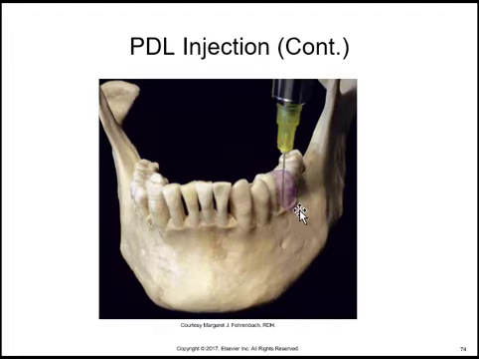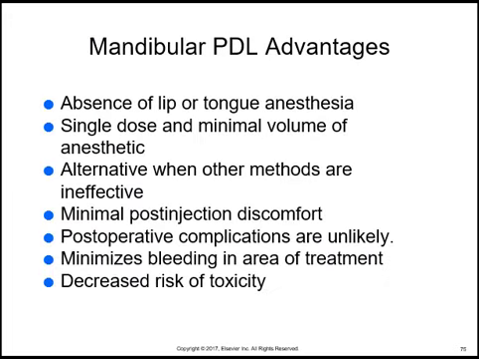The needle length and gauge is a 27 gauge extra short or 30 gauge extra short. The target area is the alveolar bone proper of the alveolar process. The depth of insertion is little, about 1 to 2 millimeters into the alveolar bone proper after bony contact, and the amount of anesthetic agent is about 0.2 milliliters or 1 stopper. It's going to take about 20 seconds to administer that.